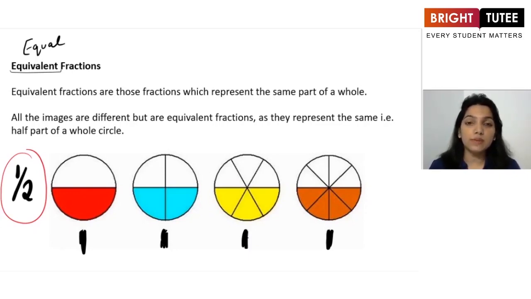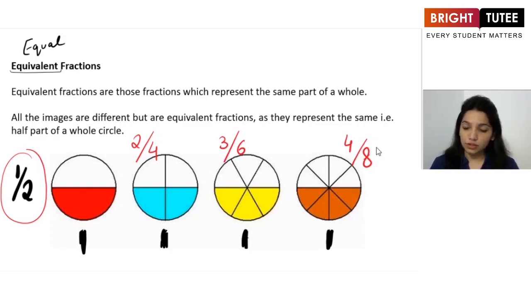How many parts are shaded? 2 parts are shaded out of 4 parts, so we write it as 2 over 4. The next one: 3 are shaded out of 6. In the last one, 4 are shaded out of 8.